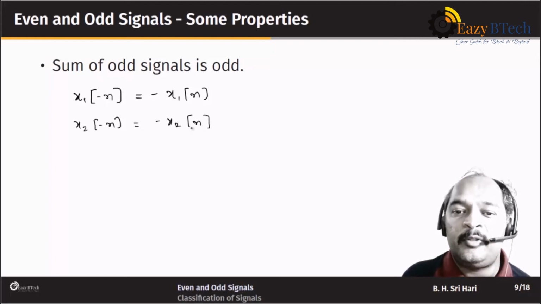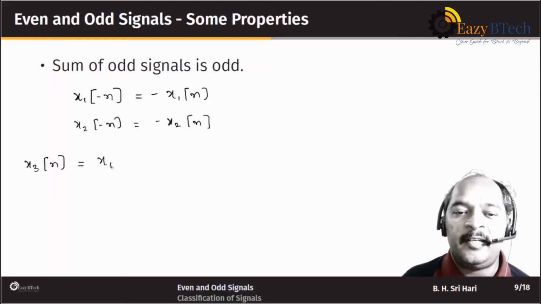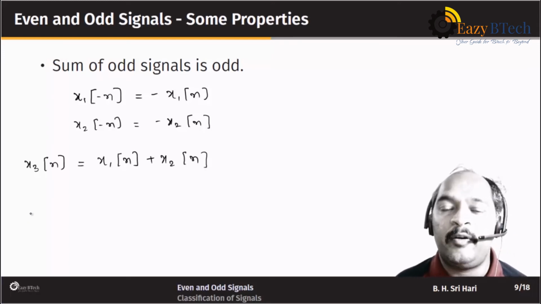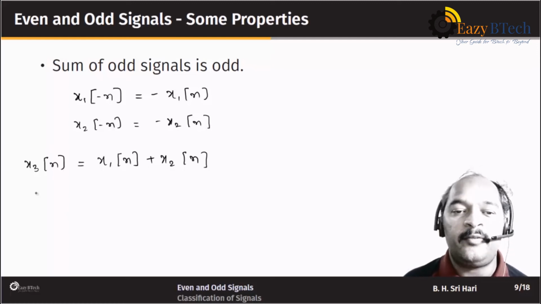Now if you add them, let me assume that the addition of these two signals is x3 of n. I want to check whether x3 of n is also odd or not.